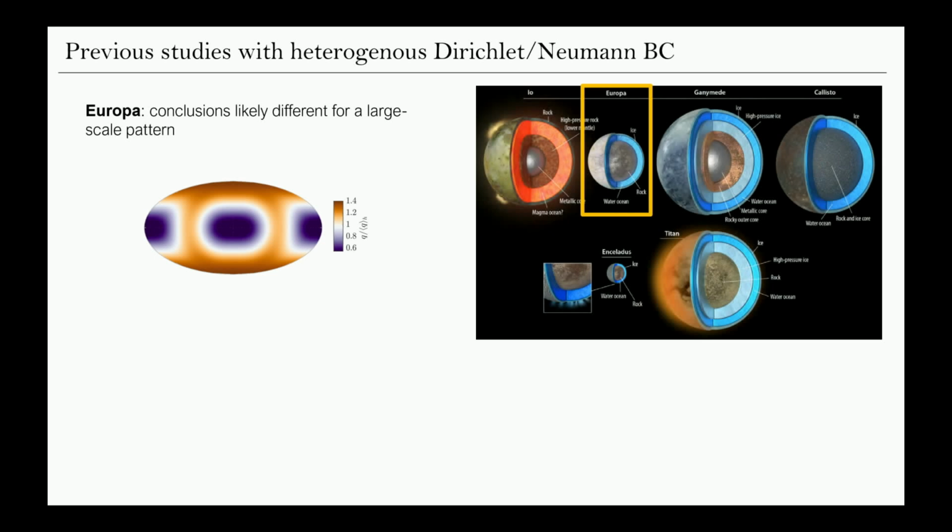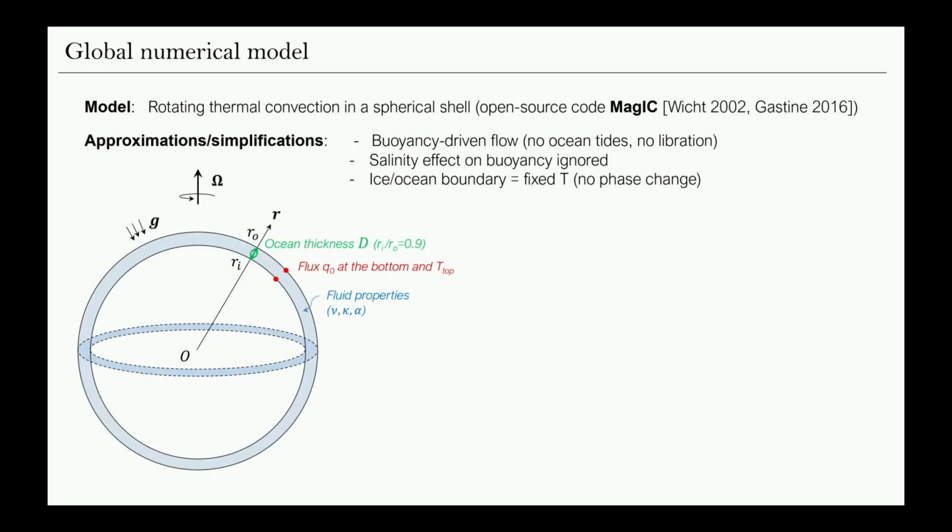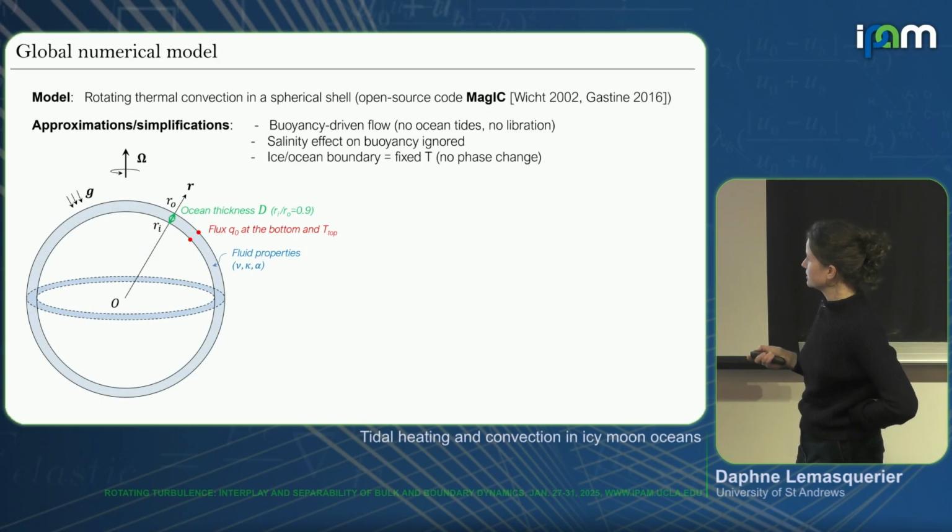So today, I'm interested in the case of Europa. And as I mentioned before, the picture is quite different because we're thinking really about the effect of a large-scale heterogeneous heat flux, which is closer to what is considered for the outer core dynamics. Okay, so to investigate this, we did a classical study by looking at rotating thermal convection in a spherical shell using the code MAGIC.